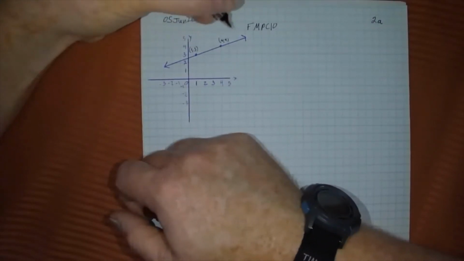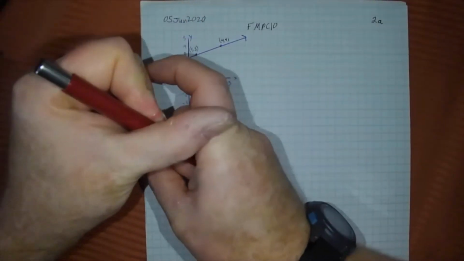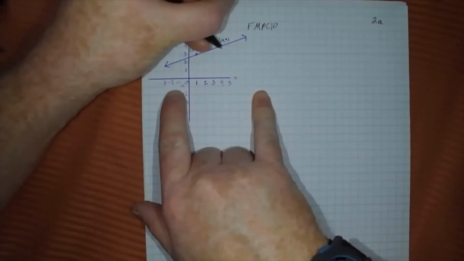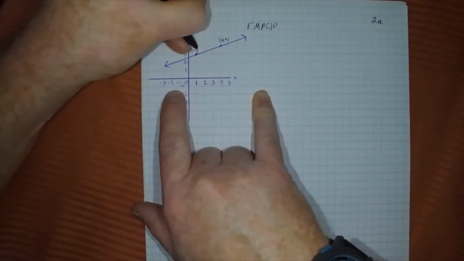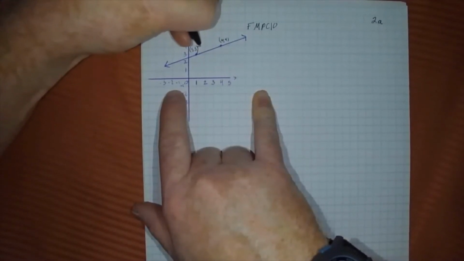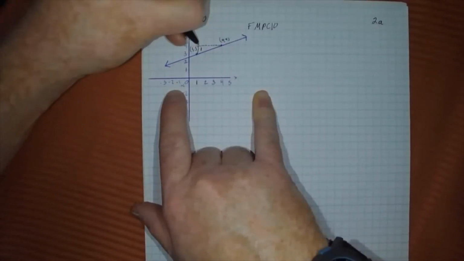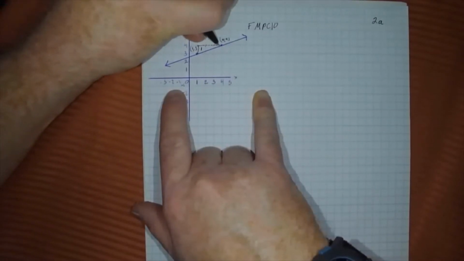Well, the rise would be identified as going up this way, and the run as going over this way. So I went up a value of 1, here to here is 1, and I go over 1, 2, 3.